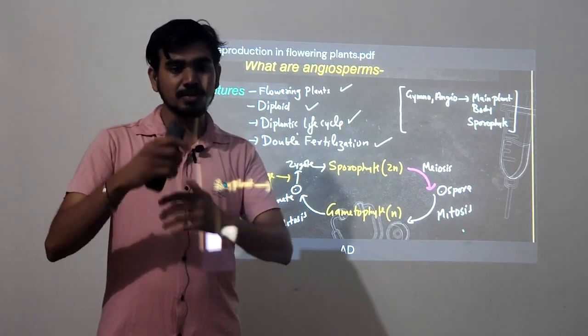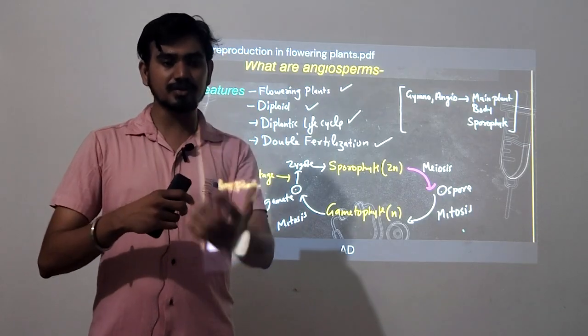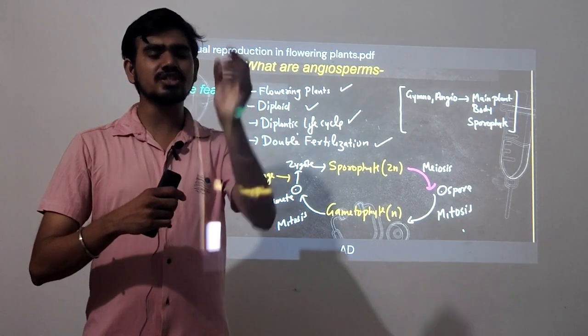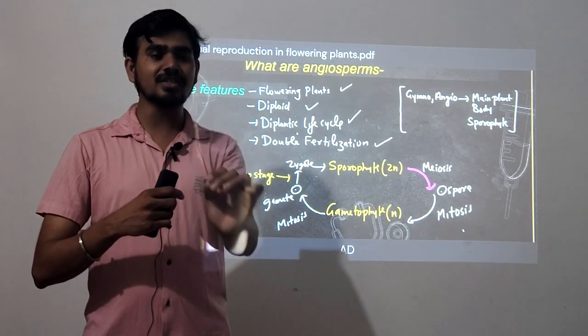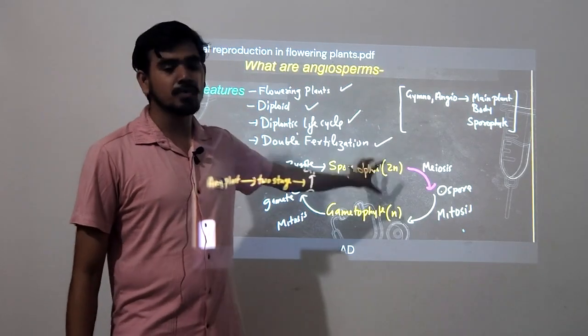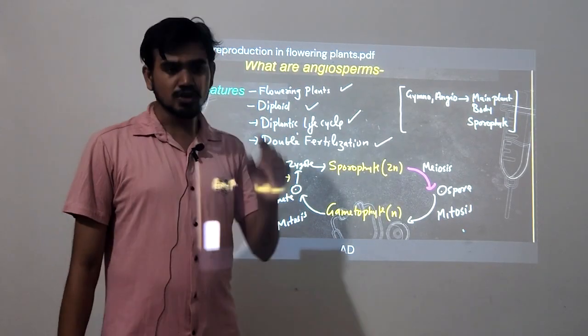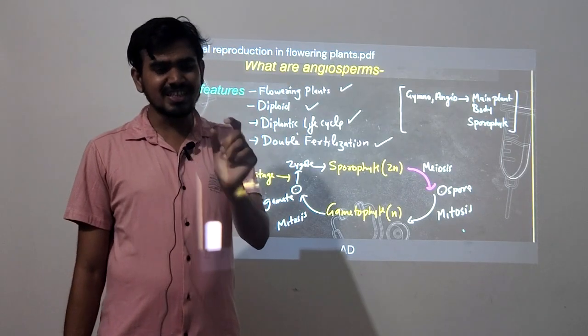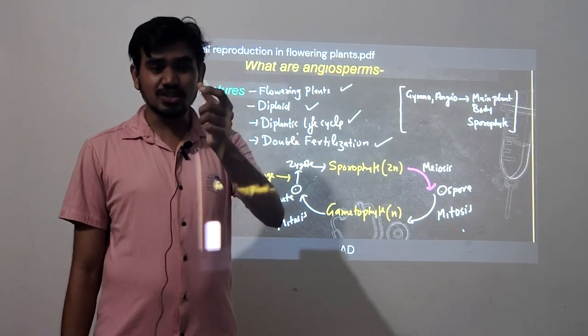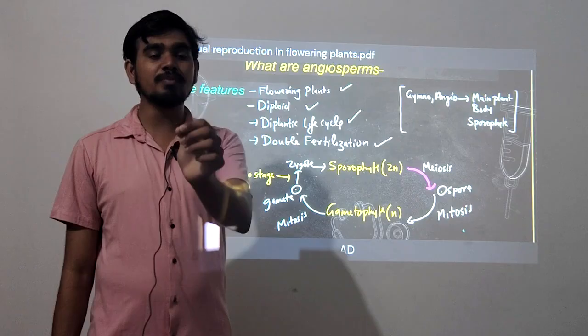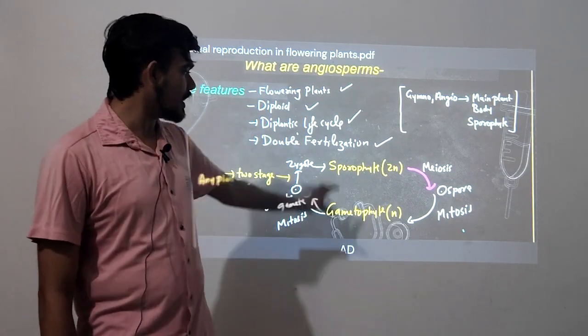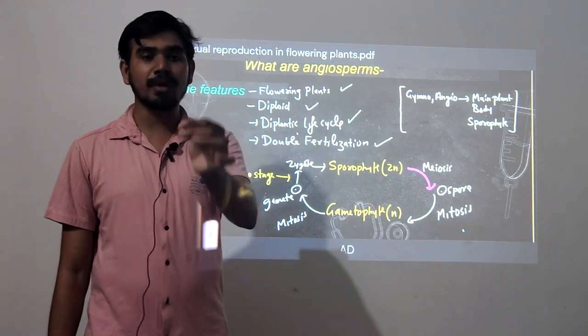From the zygote, the development of the embryo, the seeds, and all the shoots, leaves, roots, everything takes place. That is the part of the sporophyte generation. So whether it is leaf, branches, or roots, the ploidy will be diploid, because they all are formed from the sporophytic plant.